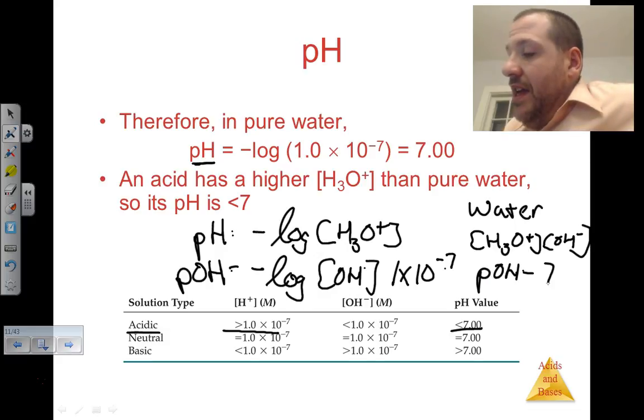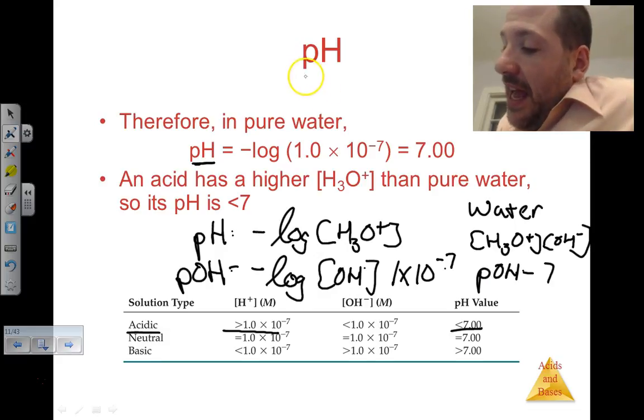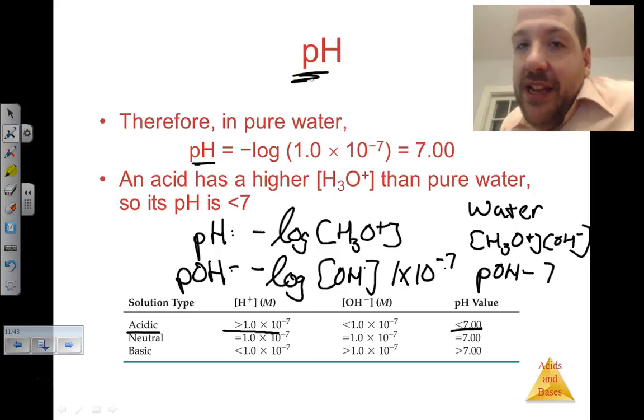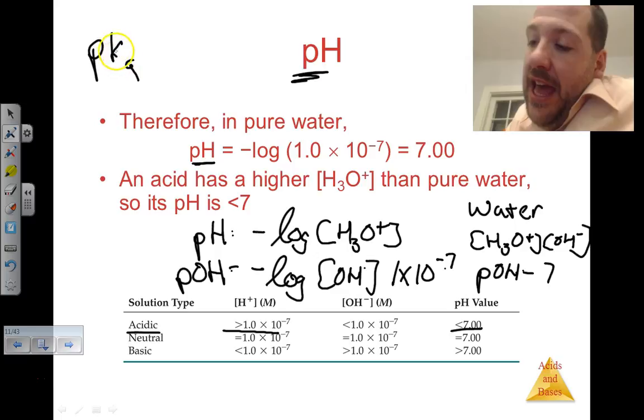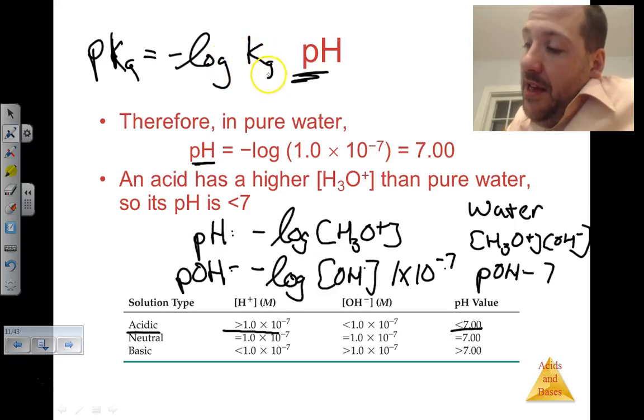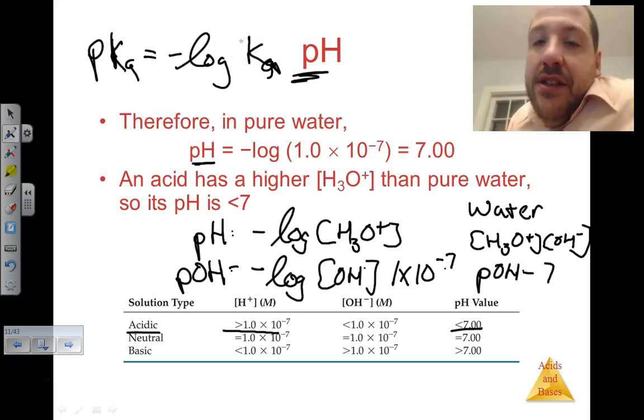Now, a very quick aside: anytime you have that lowercase p in front of a value, that means take the negative log of it. So we may talk about pKa, which is equal to the negative log of the Ka, the equilibrium constant.